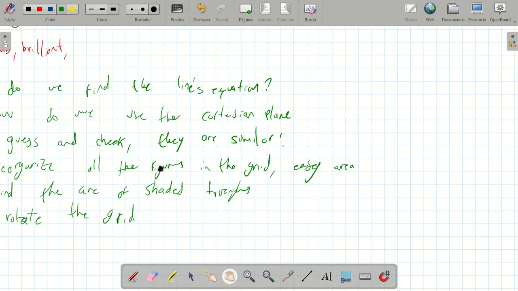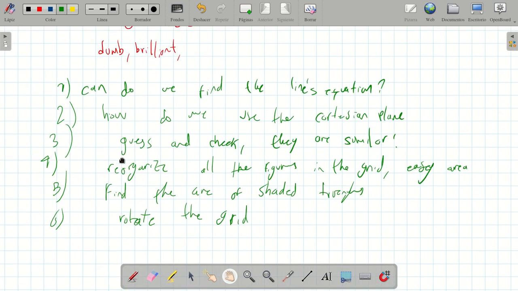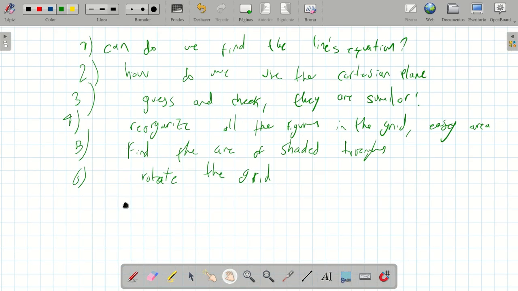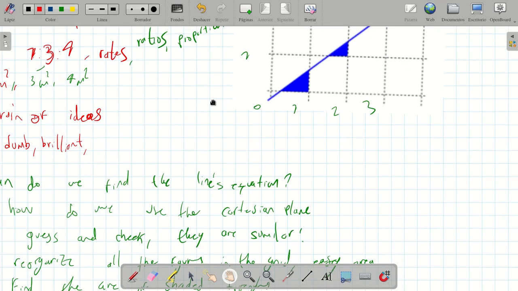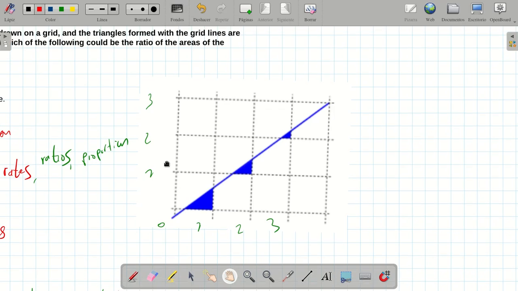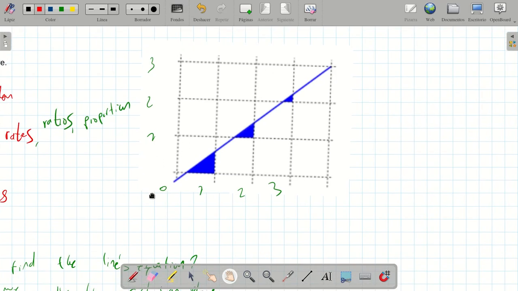Okay, now this was the process of generating ideas, rain of ideas. Now the next step is that I need to choose the better idea, using intuition.